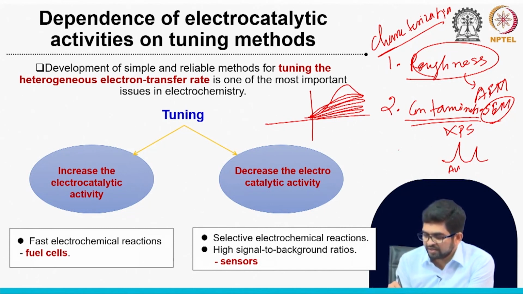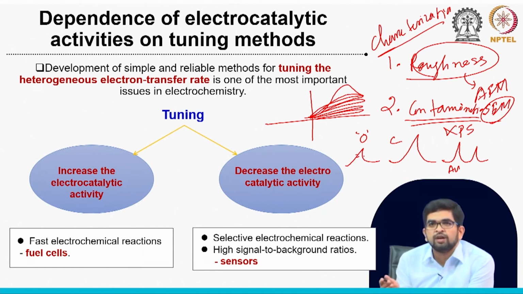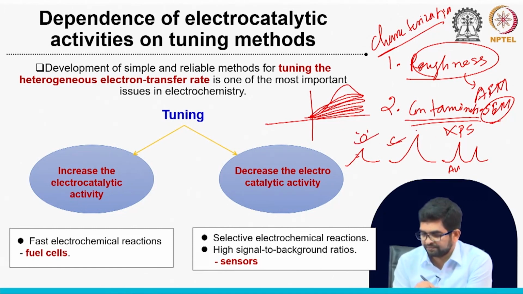Second, you can check the carbon peak, to see if there is carbon contamination or not, before and after treatment. You can check the oxygen peak, if there is a change of the oxygen peak or not. If there is organic material present on the surface after treatment, then the carbon and oxygen peaks both may change, right. So, these things also you have to check.